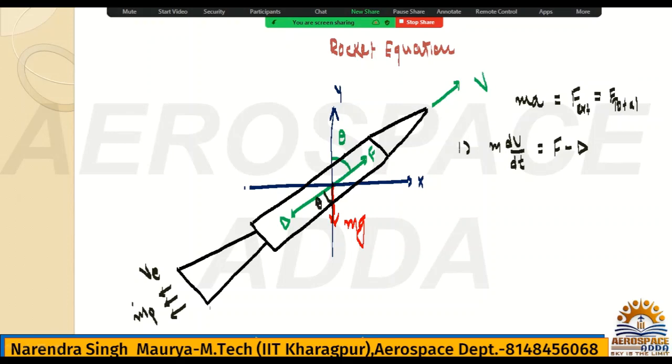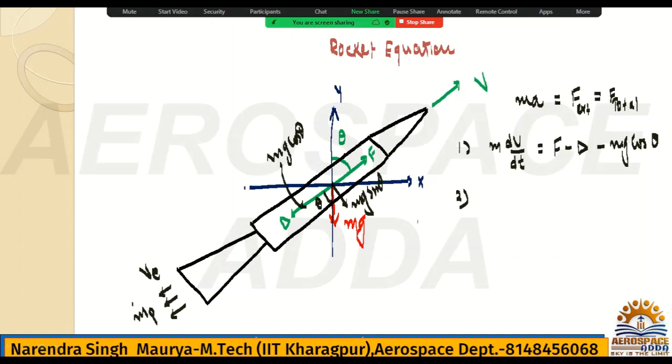So you will have two components here: one component is mg sin theta, and this side it is mg cos theta. So minus mg cos theta. This is the first equation I have written.